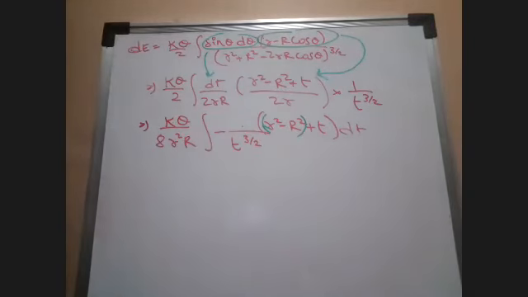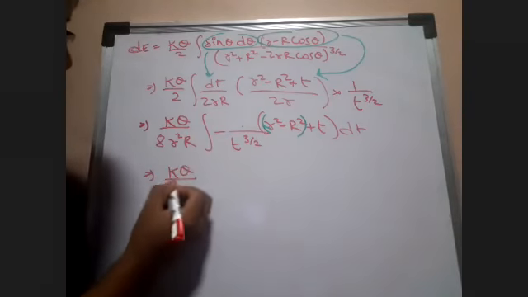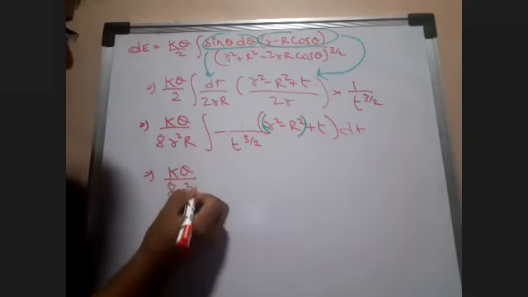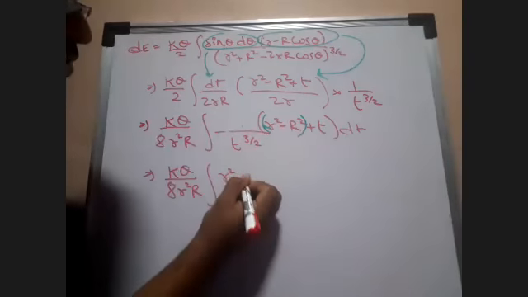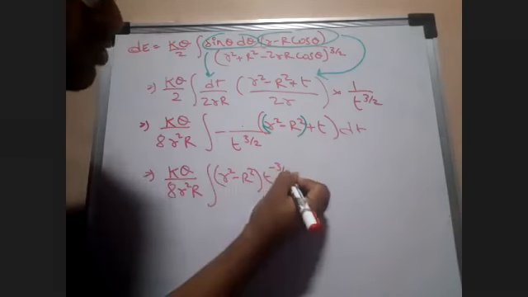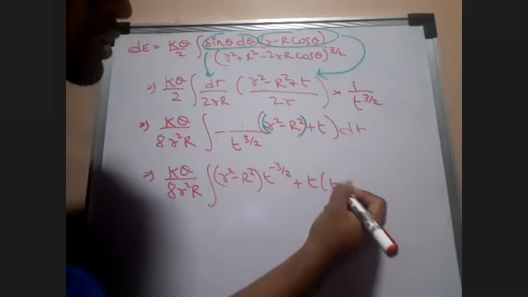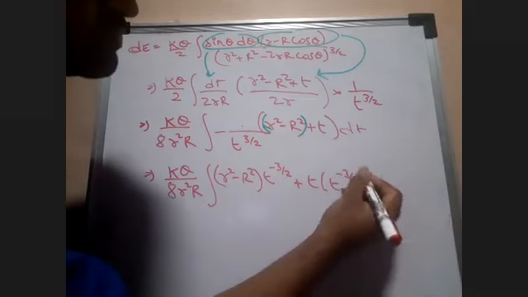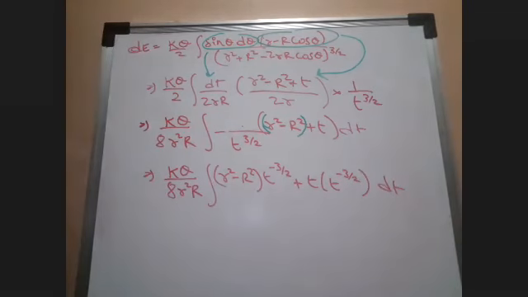So what I get is kq upon 8 r square capital R, whole of integration, r square minus capital R square times t raised to minus 3 by 2 plus t into t raised to minus 3 by 2 dt. This is what I will get.